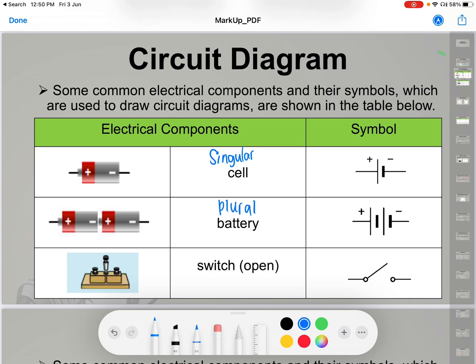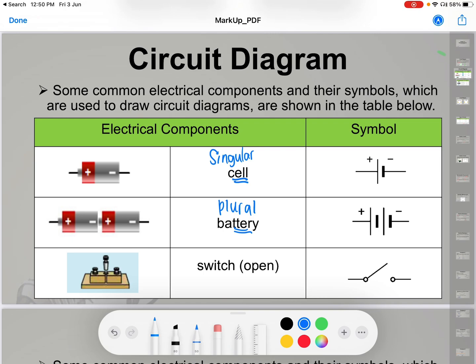So if we are just talking about one, what we call in layman's terms a battery, it's called a cell, and two will be called a battery. All right. Now, a lot of times we use our electrical toys and appliances, and we need to use two, right?